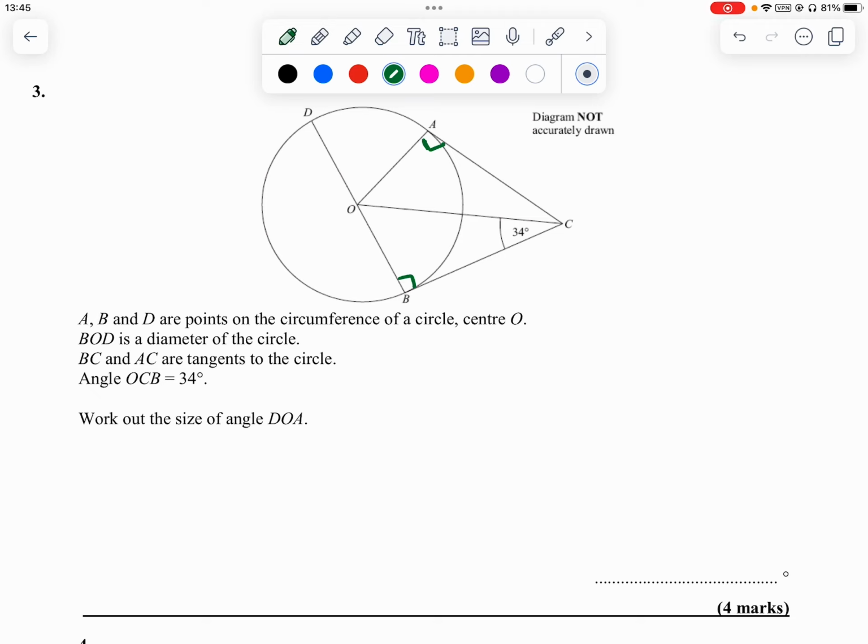So angle CBO will be equal to 90 degrees because radius and tangent meet at 90 degrees on the circumference.